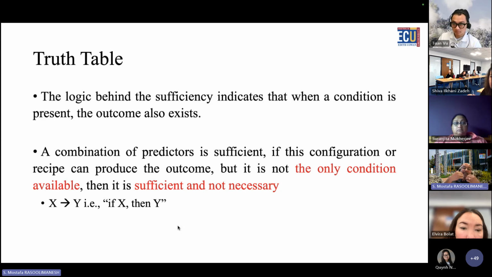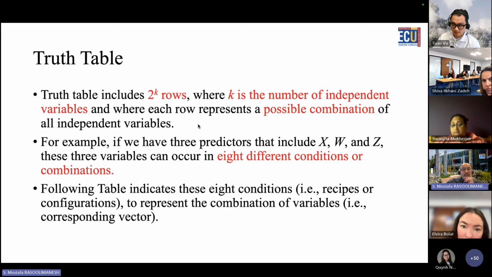And then in the next step that we will discuss, we see which combination of factors is sufficient or necessary to create the outcome. So before identifying which one is sufficient or necessary, we have to identify all possible combinations of factors. So through the truth table, we can create all possible combinations of factors.